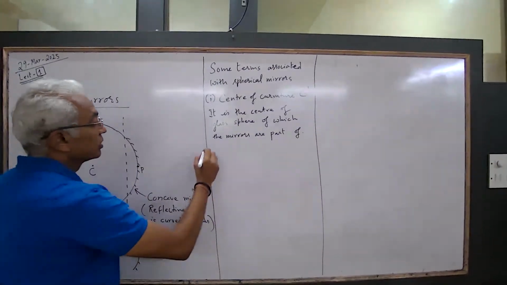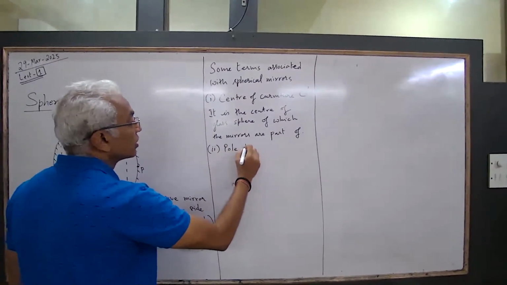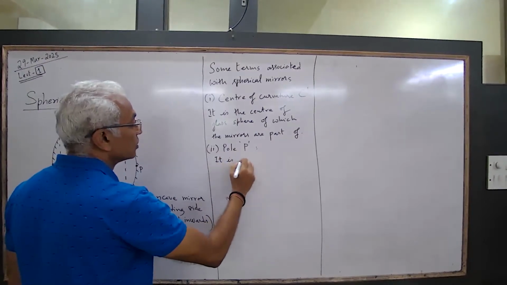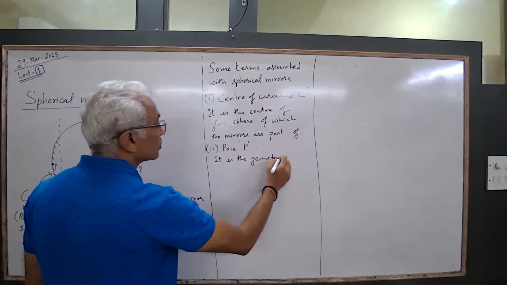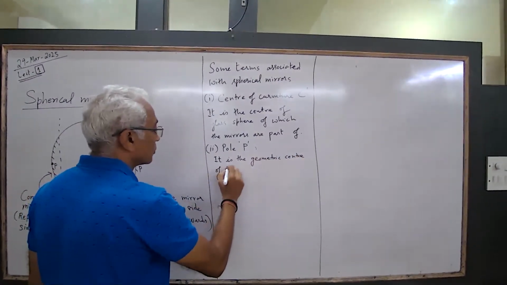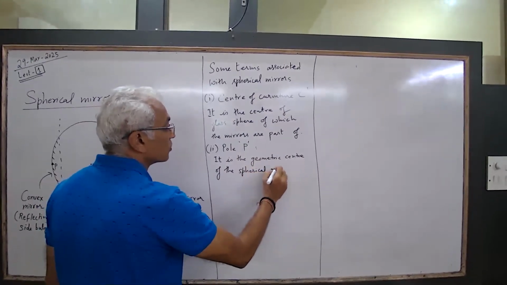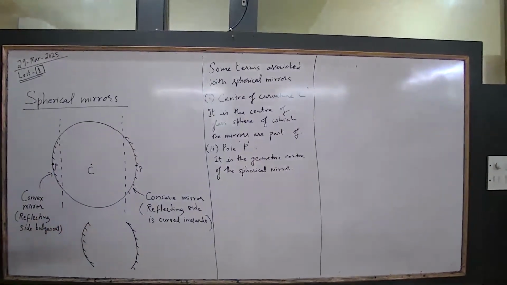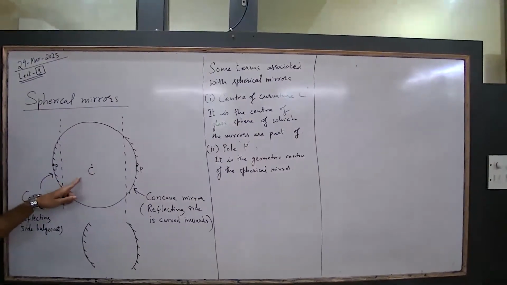The second thing you will come across is the pole, and its symbol is P. It is the geometric center of the spherical mirror. Understood? So this point lies on the mirror. C does not lie on the mirror.